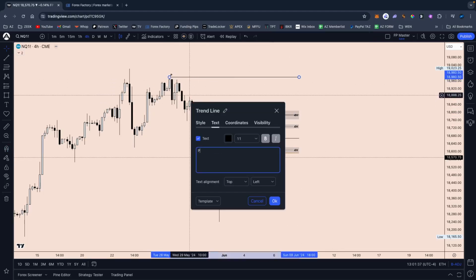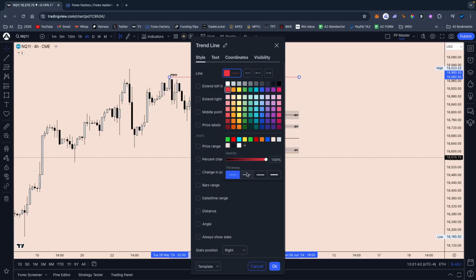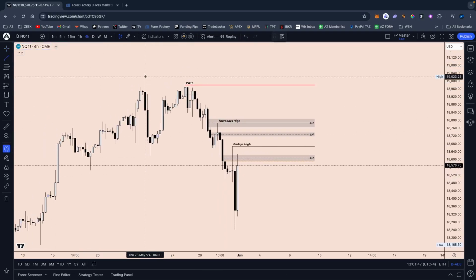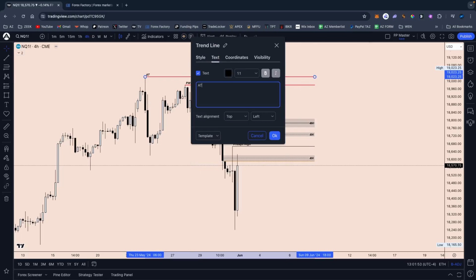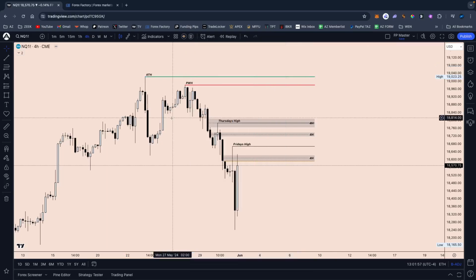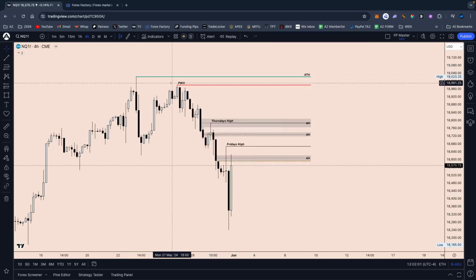This is our previous week's high. We always make this a big fat red line, and this is our all-time high. Let's make that a green line. Very simply put that to the right now.